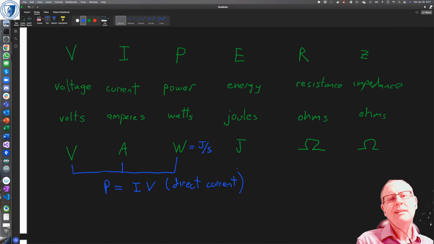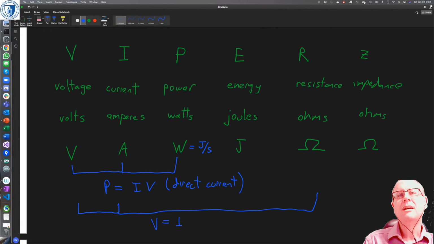The other three here that are related are those three, and they're related using a thing called Ohm's law.